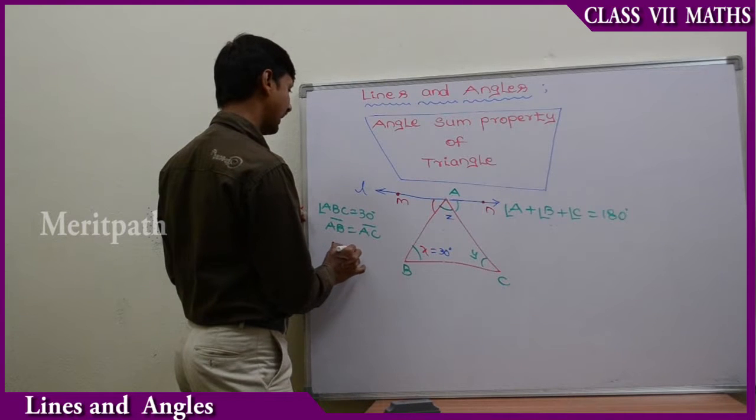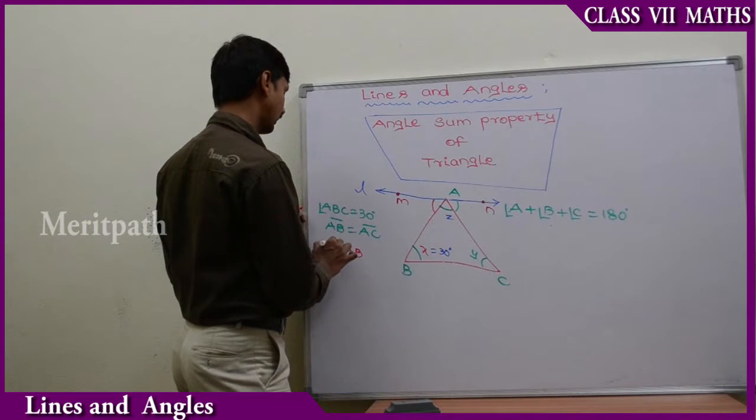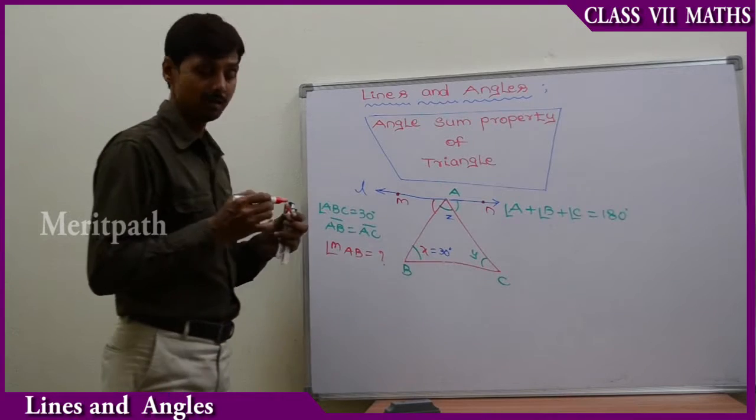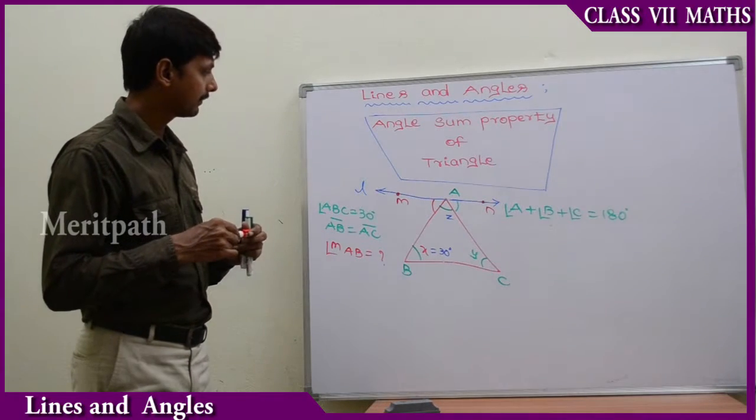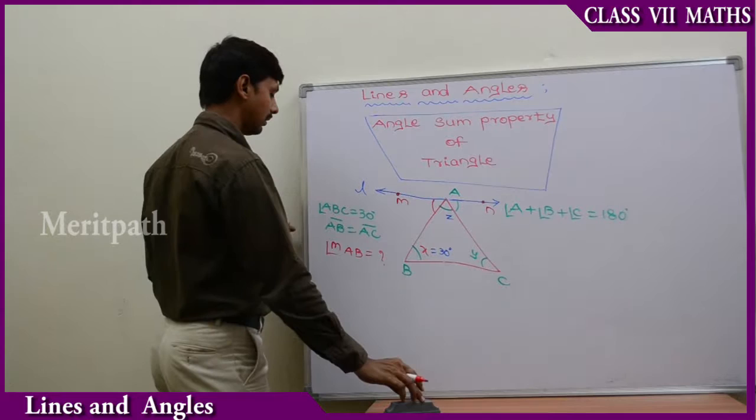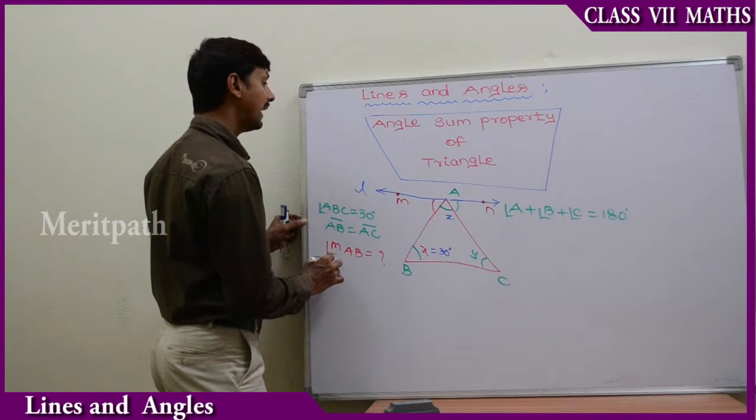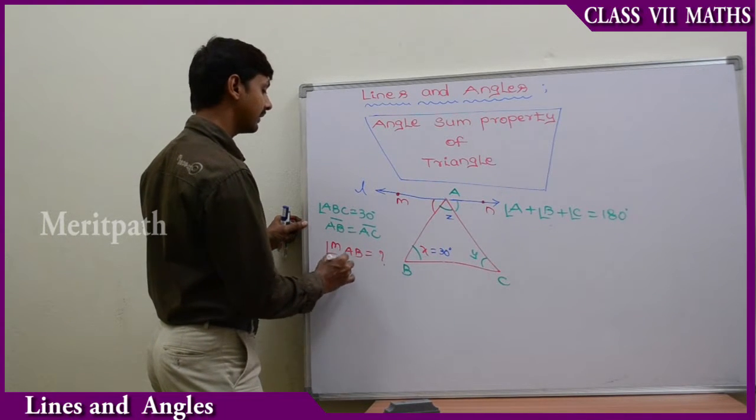Let's find angle NAB and the exterior angle of this triangle. We need to find out angle z also, that is angle BAC.